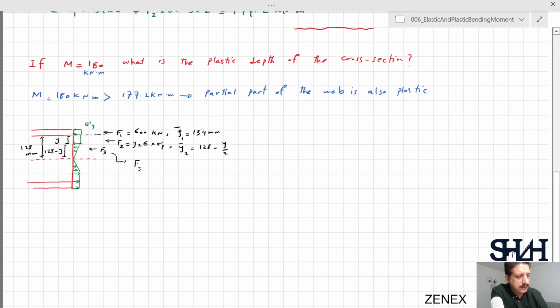So F3 will be (128 minus Y) times 6 millimeter times sigma Y divided by 2 because it's a triangle.